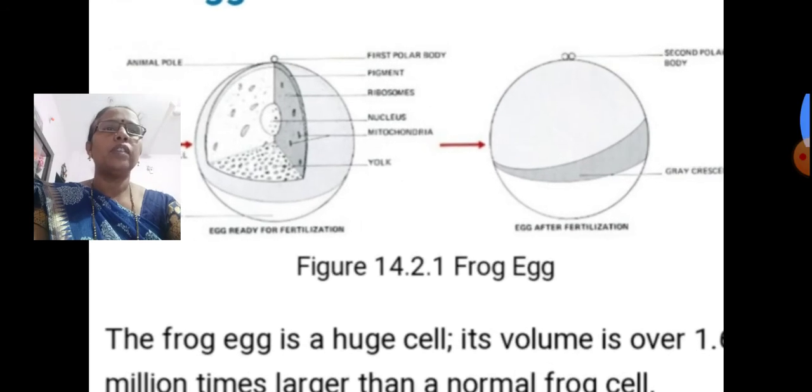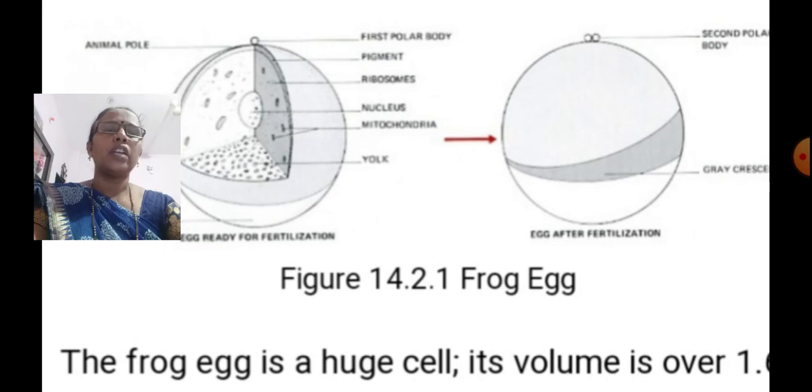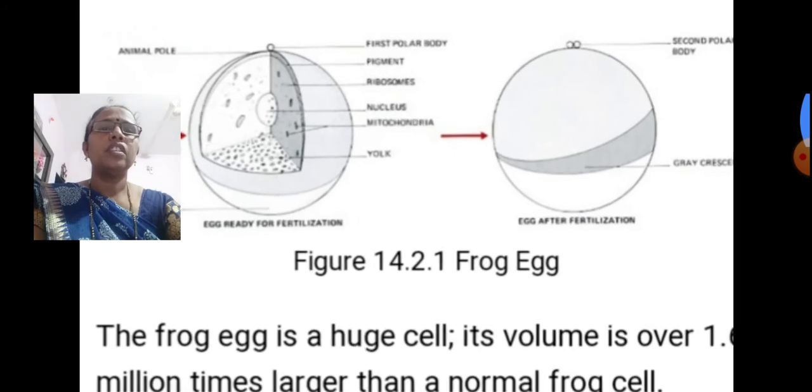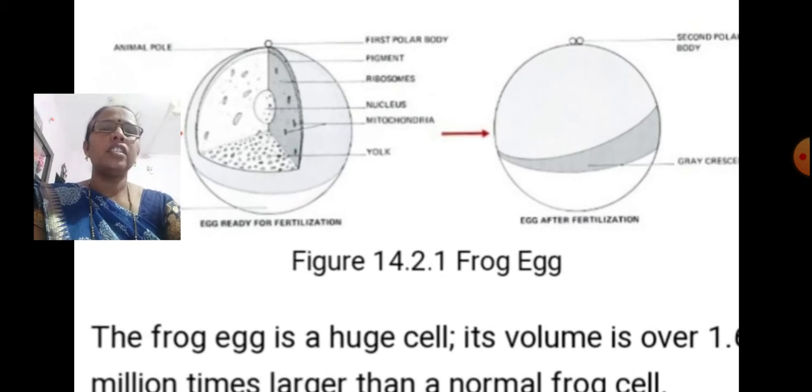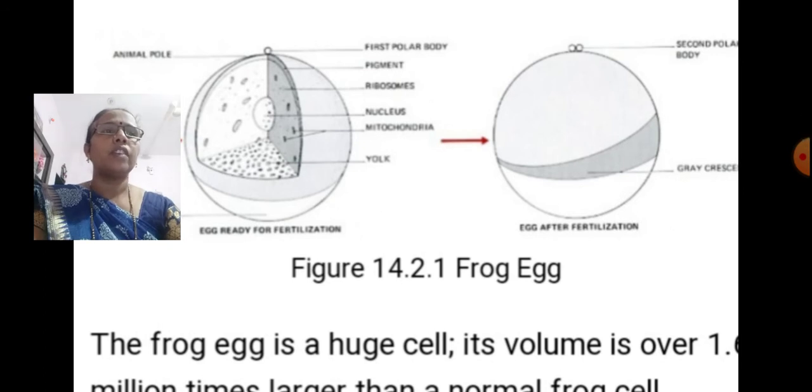Then there are the pigment, ribosomes, nucleus, mitochondria, and the yolk. This figure shows the egg ready for fertilization. The second figure indicates the egg after fertilization, with the second polar body and the grey crescent.